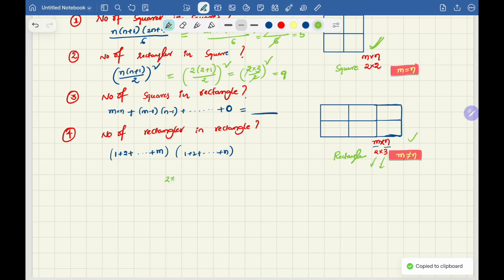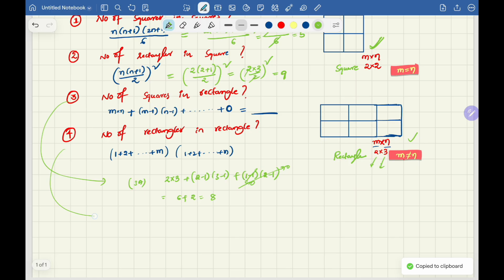So 2 into 3 plus 2 minus 1 into 3 minus 1 plus 1 minus 1 into 2 minus 1. It is becoming 0 now. So this is overall 0. You stop it here. 2 3s are 6 plus 1 2 is 2. Total 8 squares are there in a 2 by 3 rectangle. So you're understanding, right?